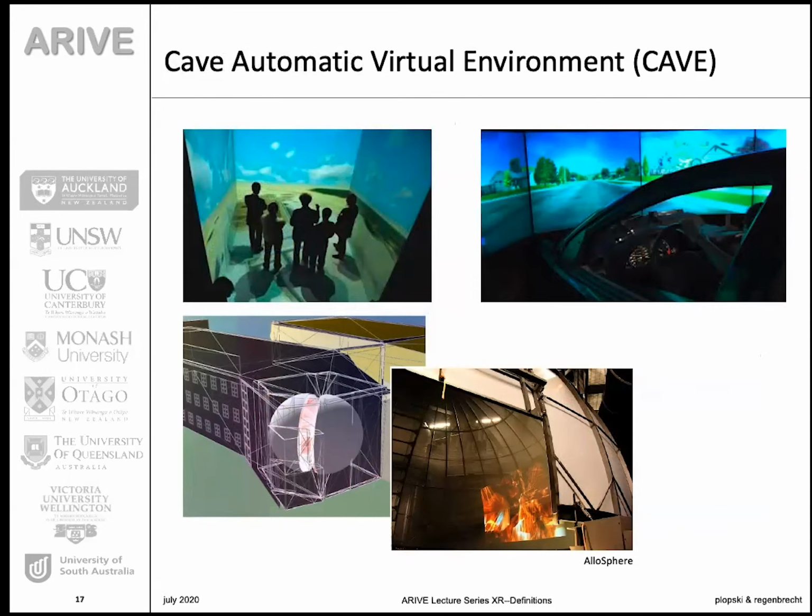It is also still being used in driver training. So if you want to study how people are driving their cars, we cannot simply go onto the road and put them into dangerous situations. Instead, we can use a simulator with a cave environment around it, where we are projecting high quality graphics and create a very realistic experience. Now, you could potentially also scale up this whole concept.